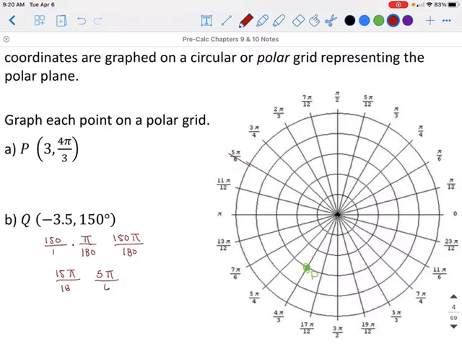So 5 pi over 6 is on this line that goes through here, but it's a negative 3.5. So instead of being towards 5 pi over 6, we're going to go away from it. 1, 2, 3.5 units, and Q would lie over here.